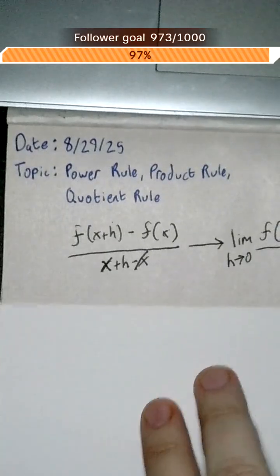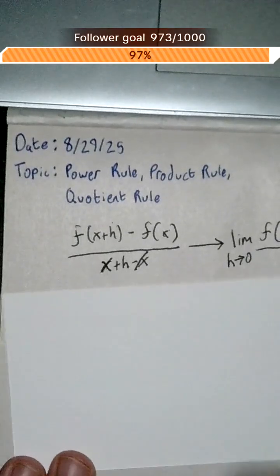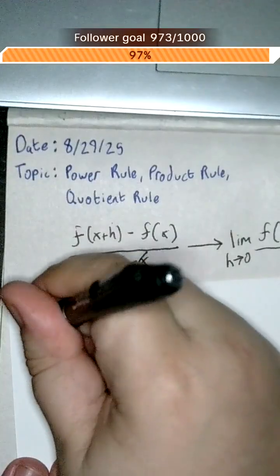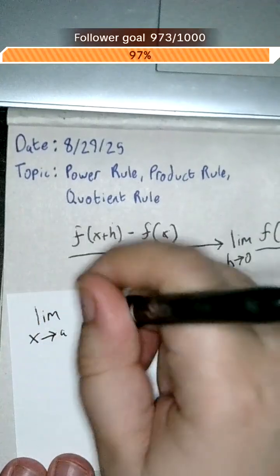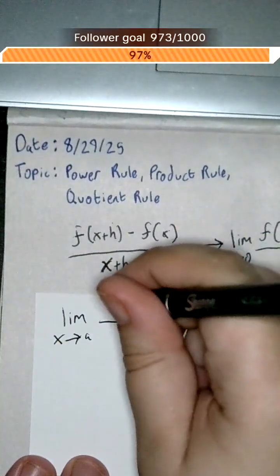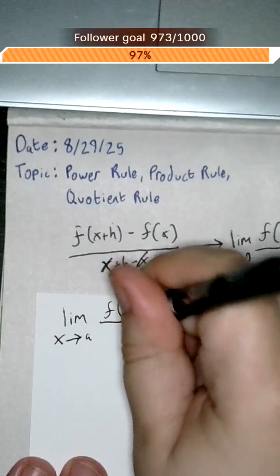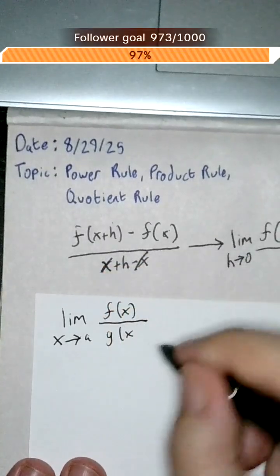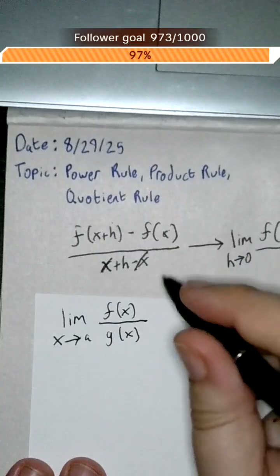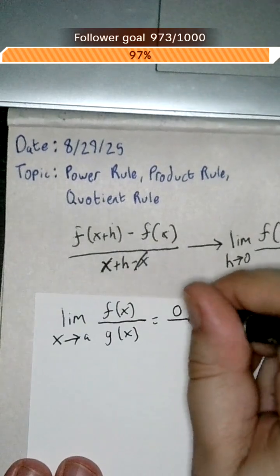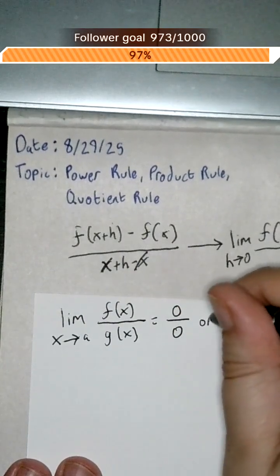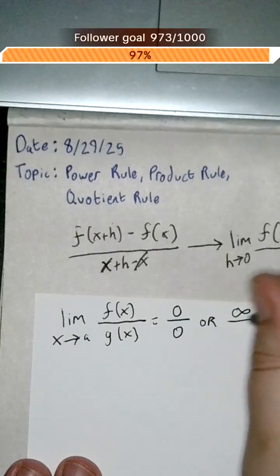Alright, so here is L'Hopital. Suppose I have a limit as x approaches a of two functions, f of x over g of x. And this limit results in indeterminate form. The two major cases that we're going to see are 0 over 0 or infinity over infinity.